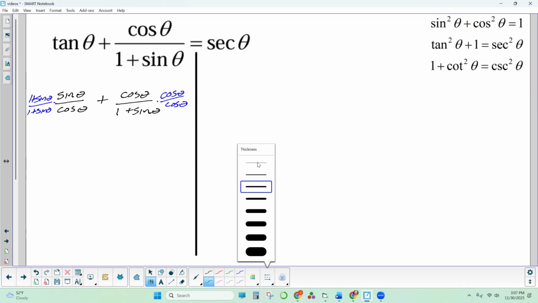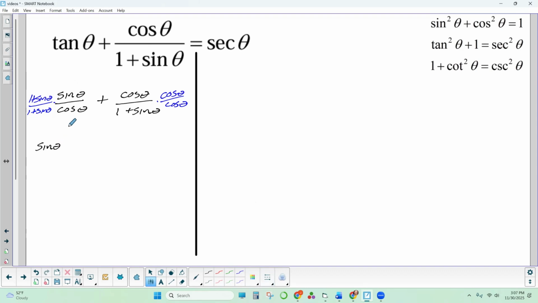So now I'm going to multiply this out. So I've got sine times 1, which is sine theta. And then sine times sine, which is plus sine squared theta, plus cosine times cosine, which is cosine squared theta. And my common denominator when I add these together would be 1 plus sine theta times cosine theta.